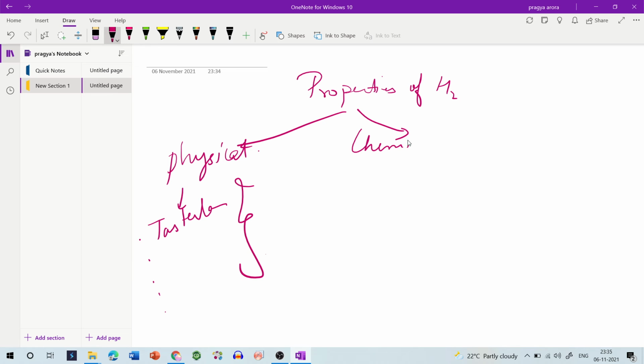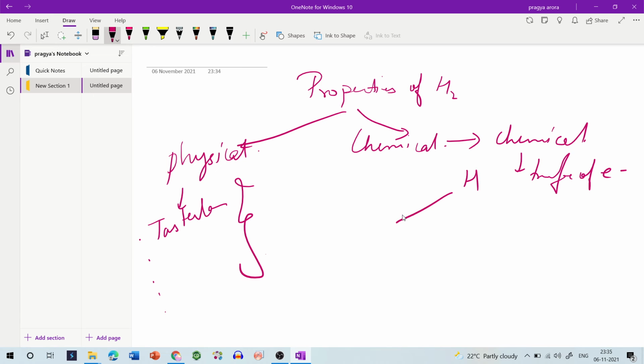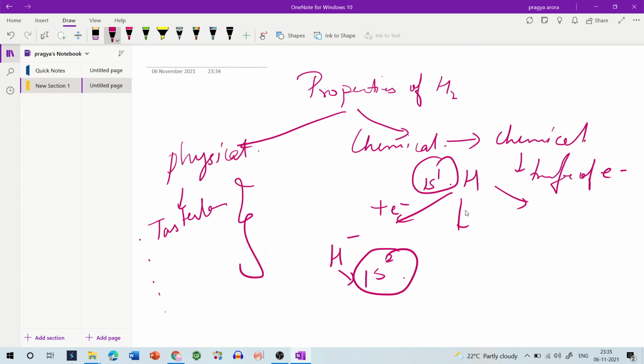Chemical properties are basically those that define its chemical reactions. Chemical reaction basically depends upon the transfer of electrons. So how can hydrogen react? Hydrogen has 1s1 electronic configuration. Either it can gain one electron to form the H minus ion, where its electronic configuration will be 1s2, or it has a tendency to lose one electron to form H plus, where its electronic configuration will be 1s0.